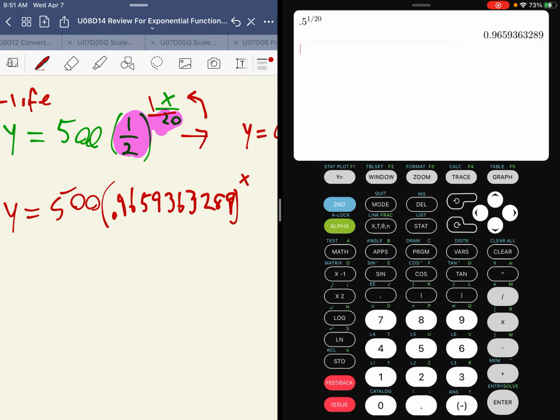So this would say that there would be a decay of about 3.5% of our radioactive isotope every 1 minute. So this would be an annual rate. So this is converting to an annual rate.